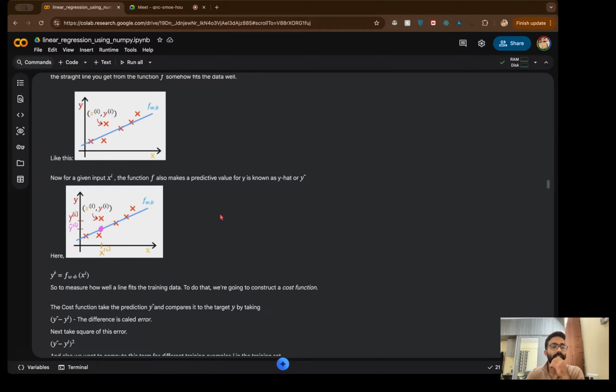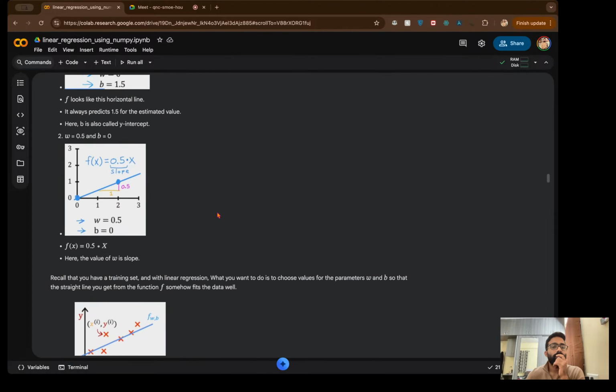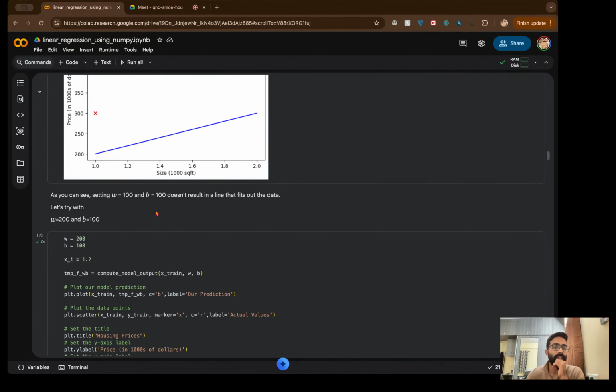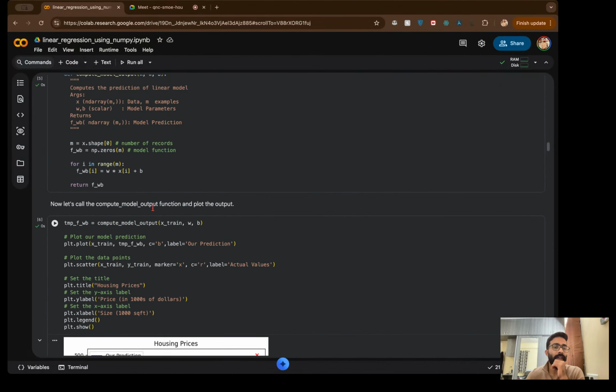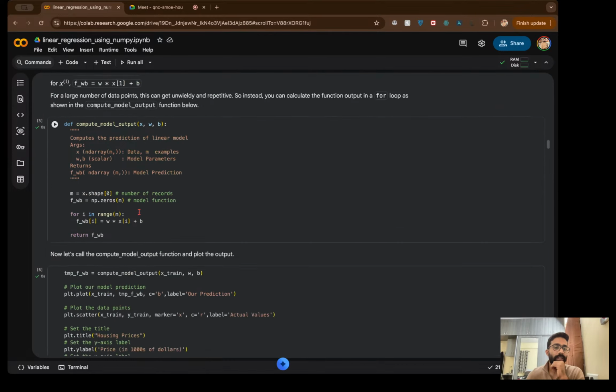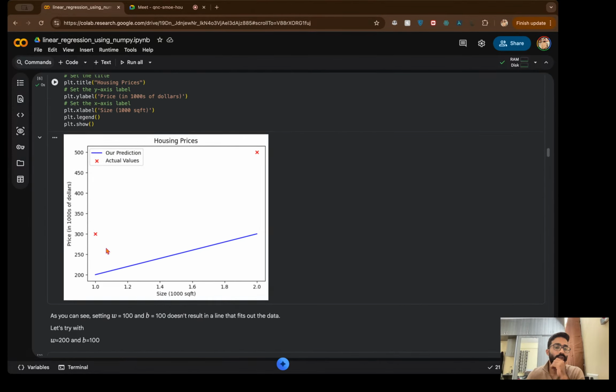We are trying to understand the loss function or the cost function. So if I go back to this line, when we take an example of w equals 100 and b equals 100, you can see there is a huge difference between the data points and the line, or the model, that we have created. That means the parameters were wrong.